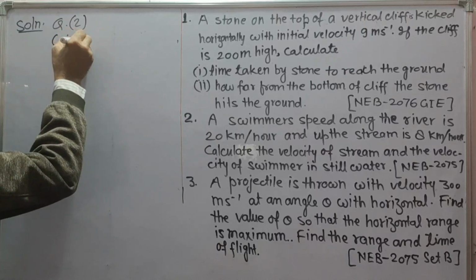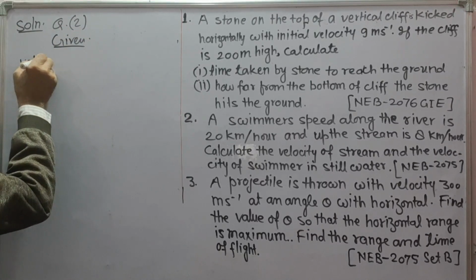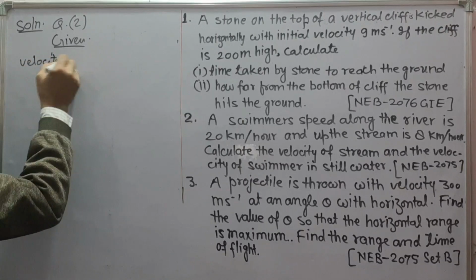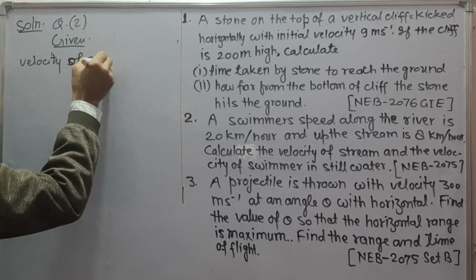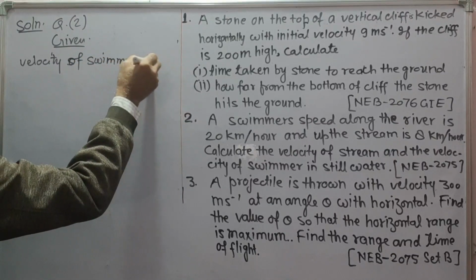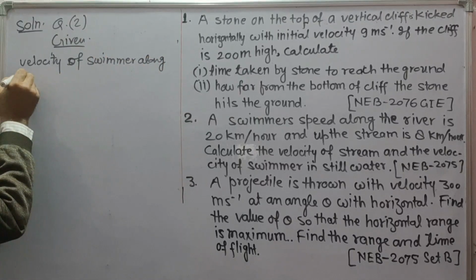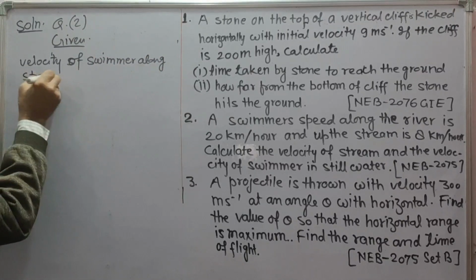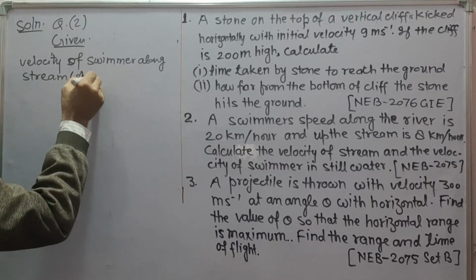Given, velocity of swimmer along the flow of water, means along the stream of river water.